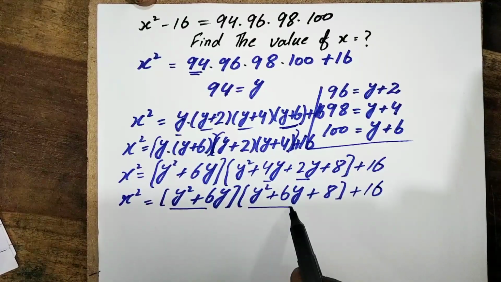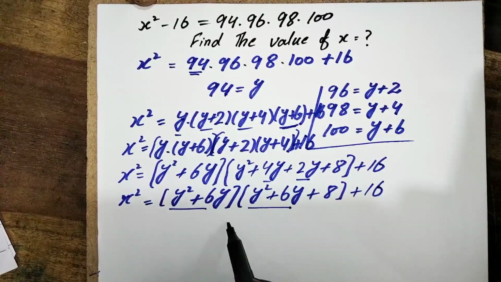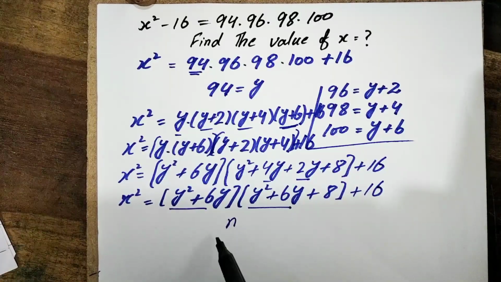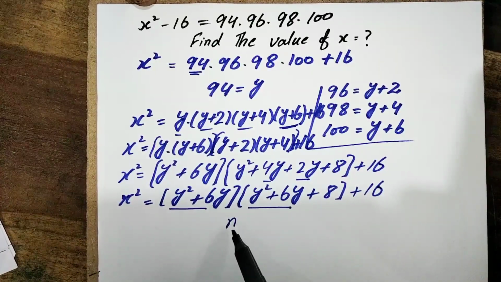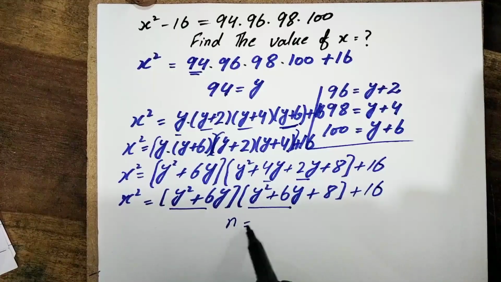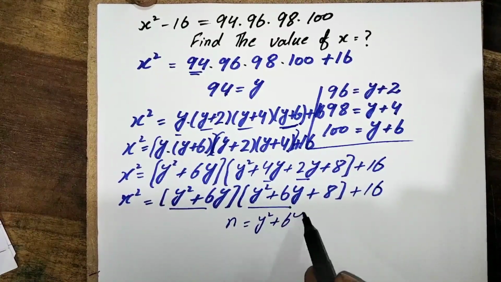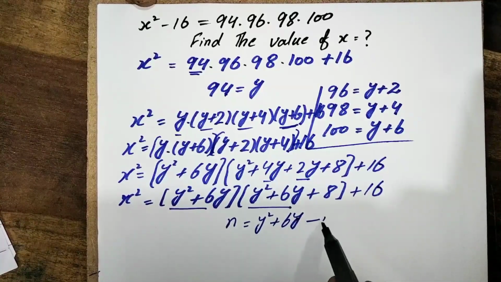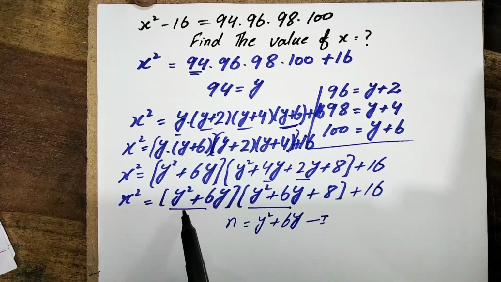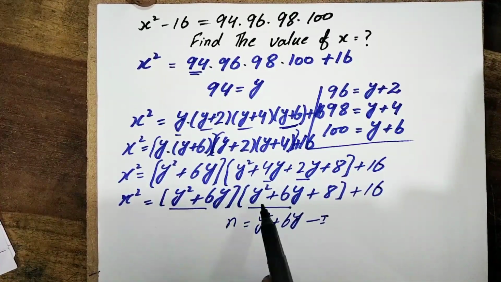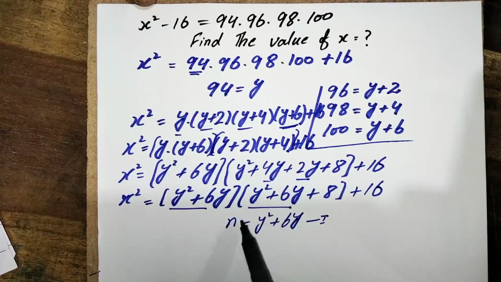These two factors are equal. We take this factor is equal to n, and any other variable like n, x, y, anything we put, is equal to y square plus 6y. This is the equation first. Now y square plus 6y is equal to n.